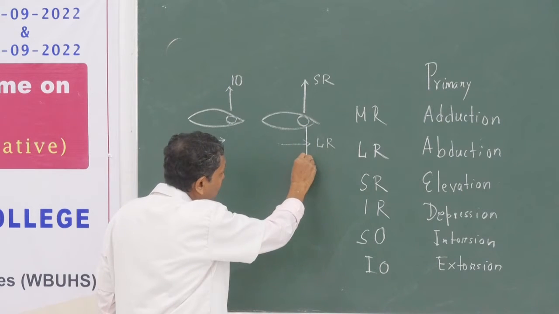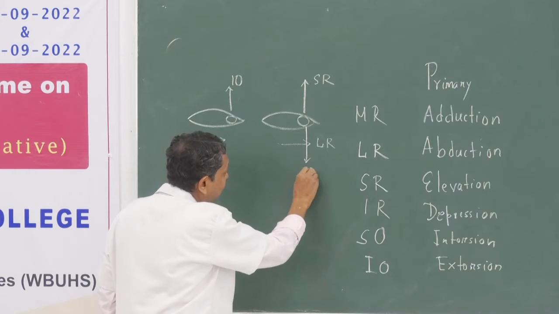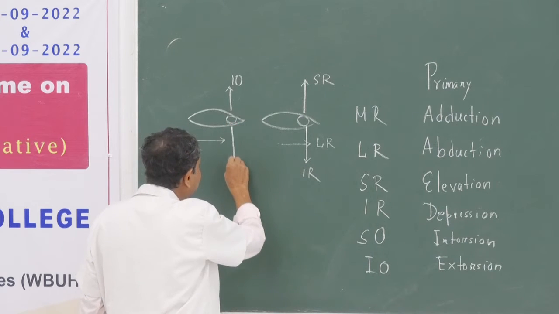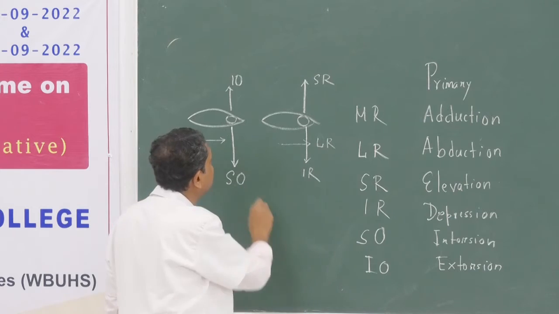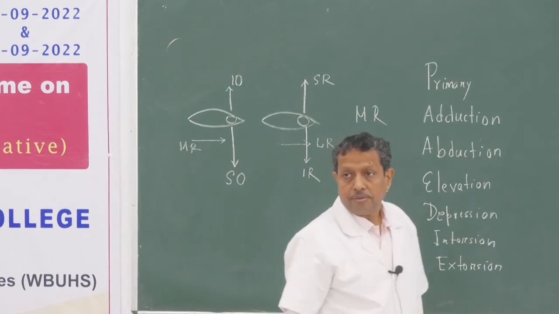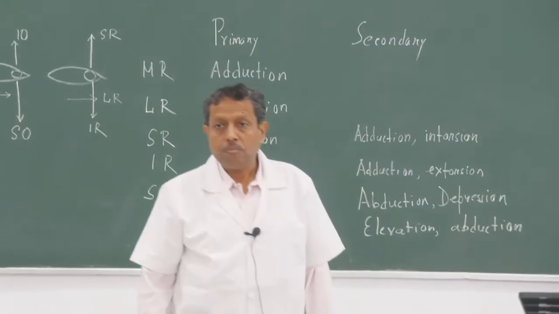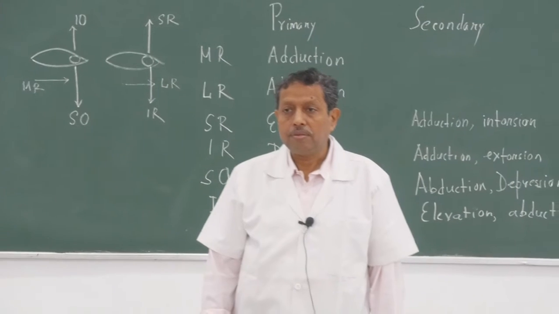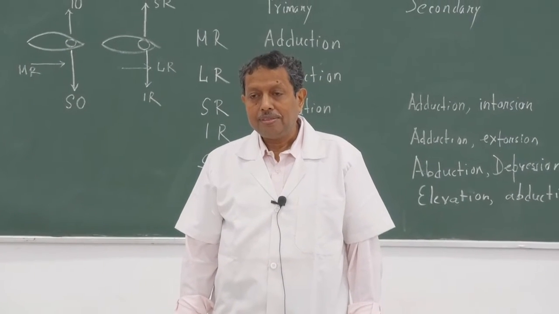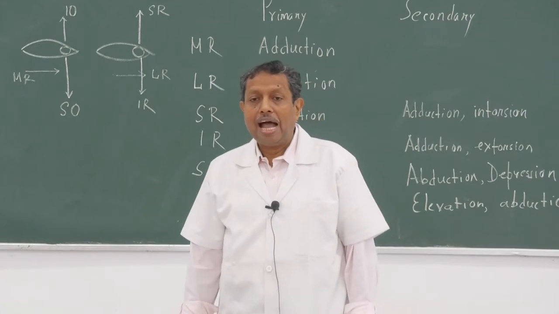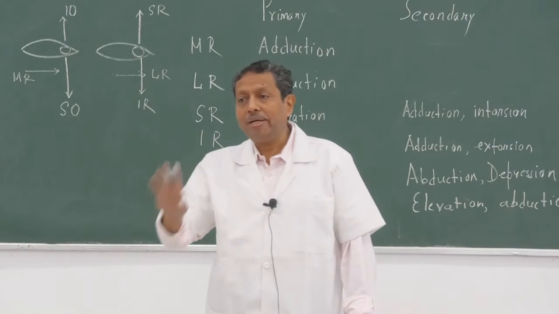Similarly, at that position it is the inferior rectus, and the maximum contrary possible is the superior oblique. Superior oblique. And in that case, there is the movement.